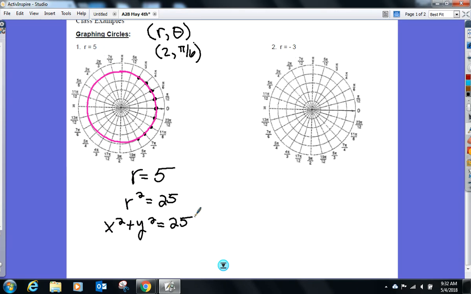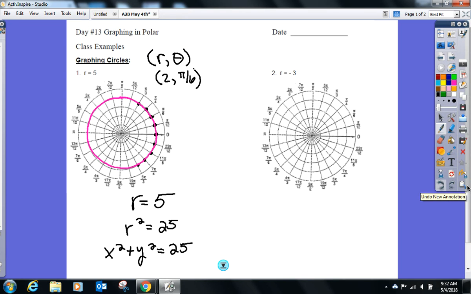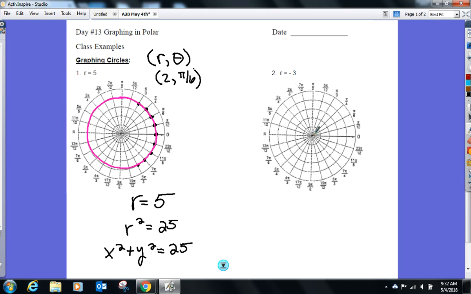Any issues yet when it's just an r value, no theta? All right, well, what if the r value is negative? Anybody remember how we handled that? So let's say I'm going to plot it at 0. Instead of going 1, 2, 3, I actually go on the opposite ray and go 1, 2, 3. But what's still going to happen? Every time I go opposite, I'm still going to hit every 3 units of a radius.